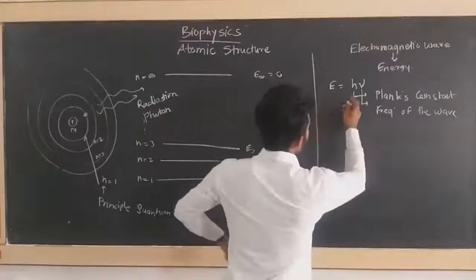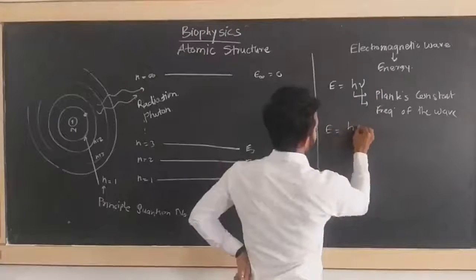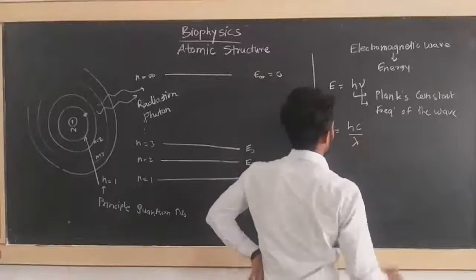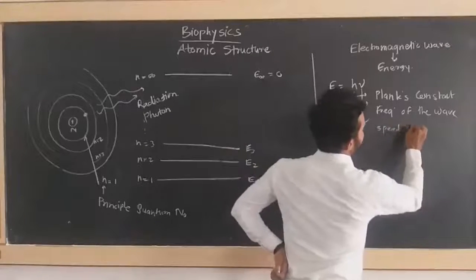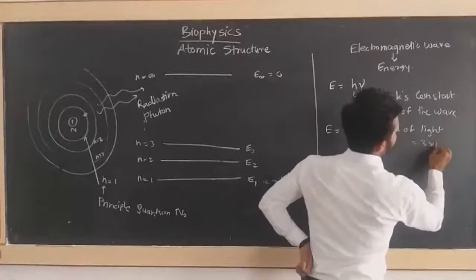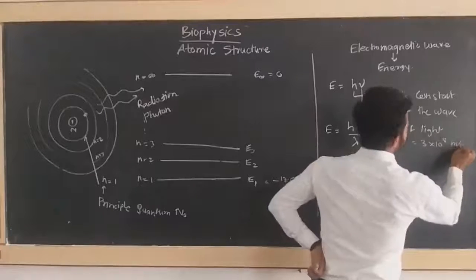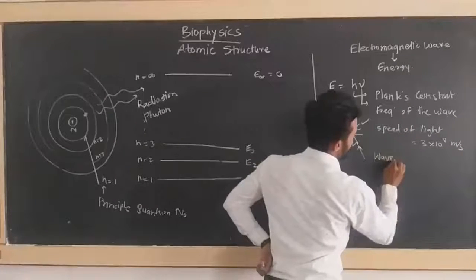So E is equal to h nu and E is equal to hc by lambda, where c is the speed of light, which is equal to 3 into 10 raised to 8 meter per second, and lambda is the wavelength.